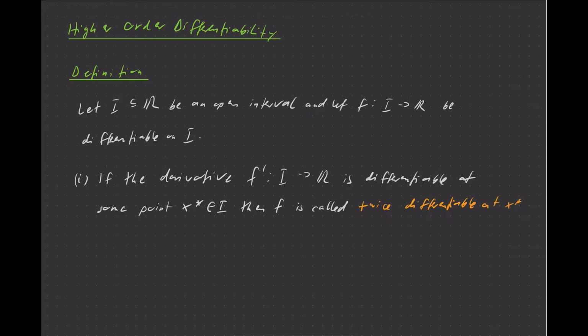And of course, the derivative of f prime at that point is then the second derivative of f at x star. So f prime prime of x star is the second derivative of f at x star.